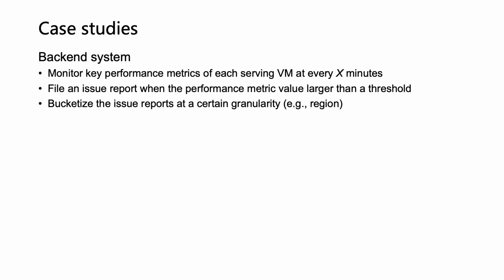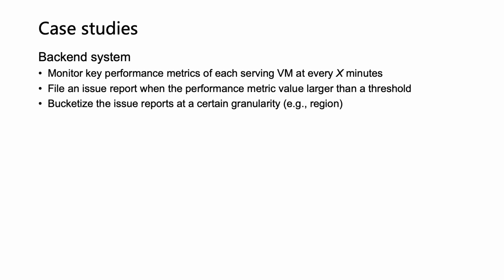Currently, our approach has been integrated into Microsoft Azure to identify incidents. Let me introduce the backend system first. To achieve high service availability, the backend system is used to monitor key performance metrics, such as latency and reboots, of each serving VM every X minutes. When the performance metric value is greater than a predefined threshold, an issue report would be generated.